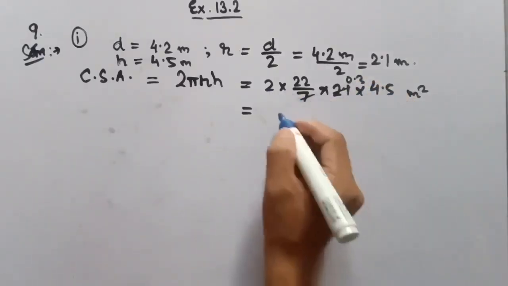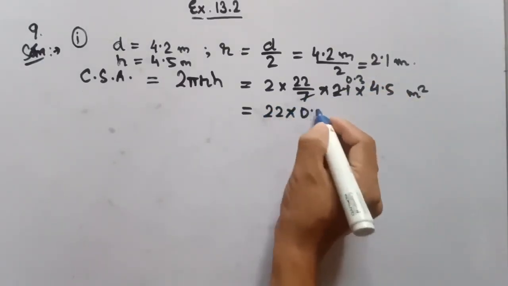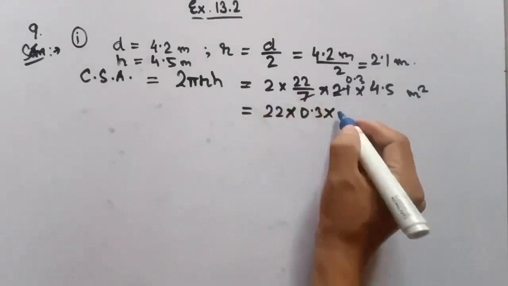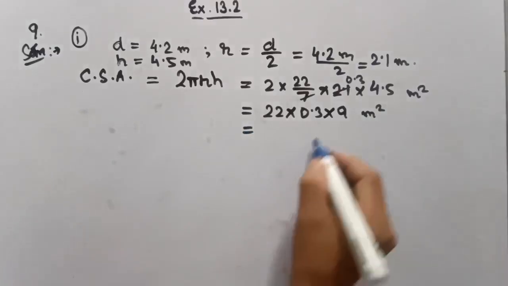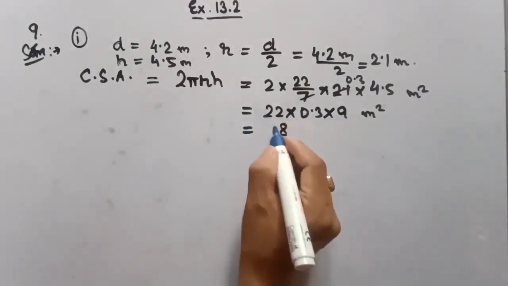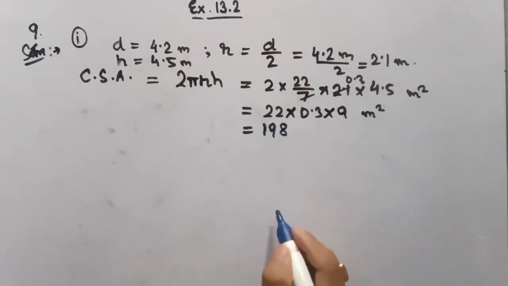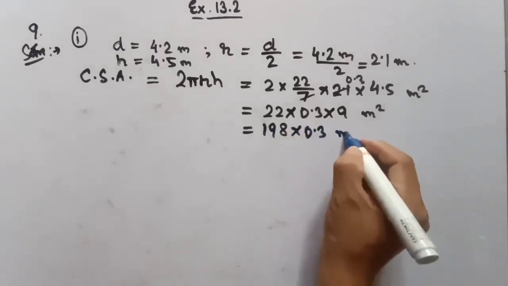2 into 4.5 will be 9. So 22 into 0.3 into 4.5, 2 times is 9 meter square. This is equal to 9 2 are 18, 1 carry, 9 2 are 18, 1 carry, and will become 19, into 0.3 meter square.